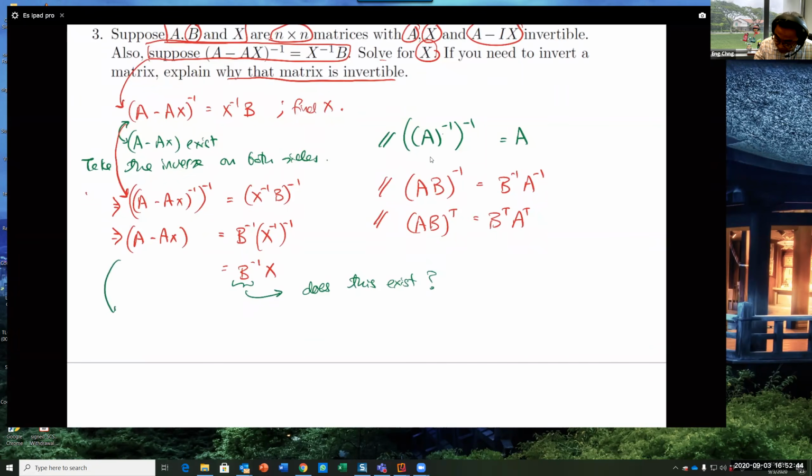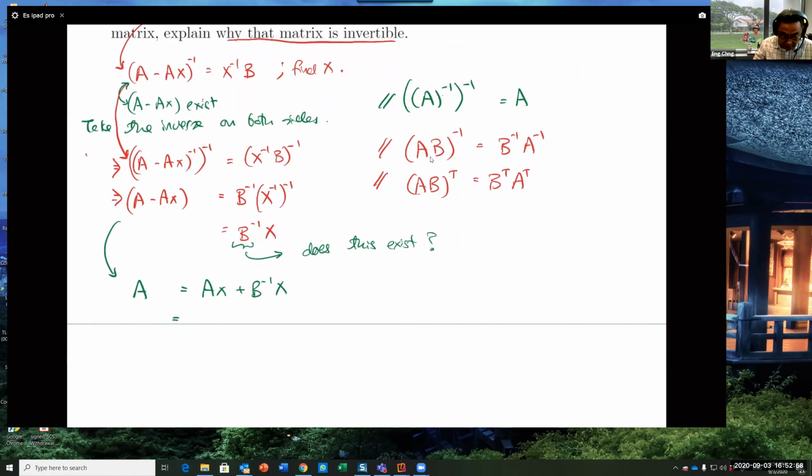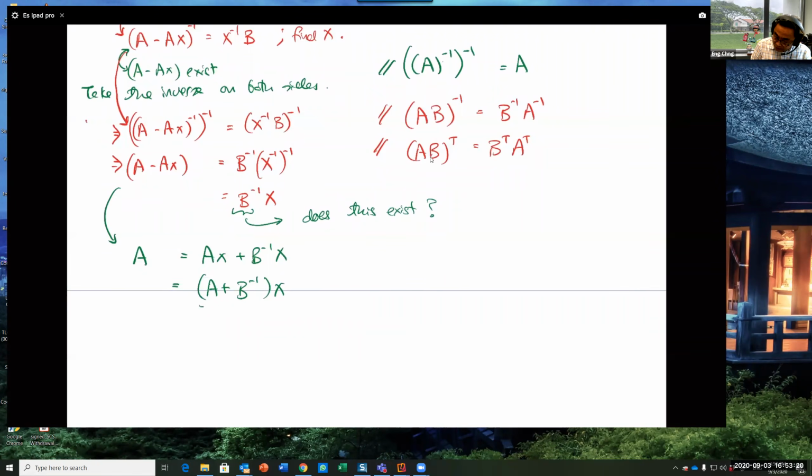Then we progress, and now we get A, and we want to move minus AX to the other side. So we have A equals AX plus B minus 1 X. And then we collapse: A plus B minus 1 times X is equal to A. At this juncture, we want to solve for X. So basically, we want to move this guy to the left-hand side.